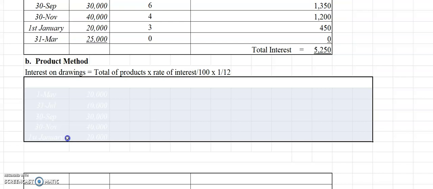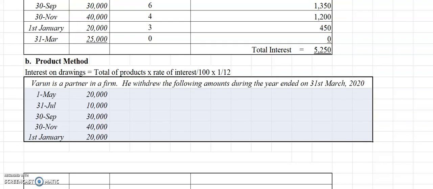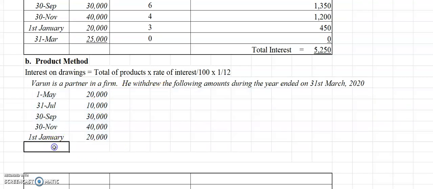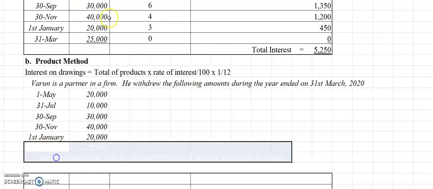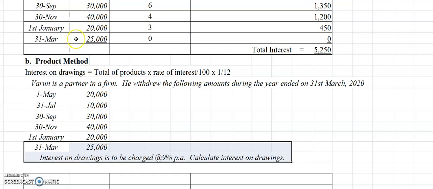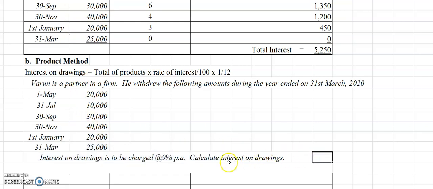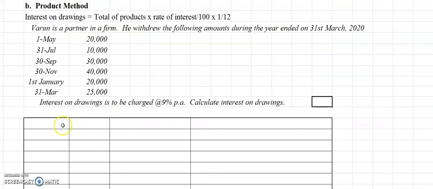In the case of Varun, he withdrew the following amounts, and for that we have to calculate interest on drawings at the rate of 9% per annum. So first again same problem, only the method changes. Here the dates we have written, we have calculated.